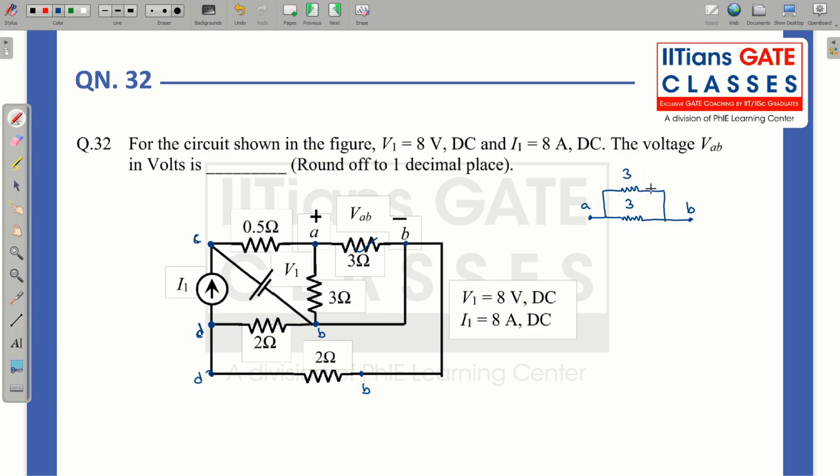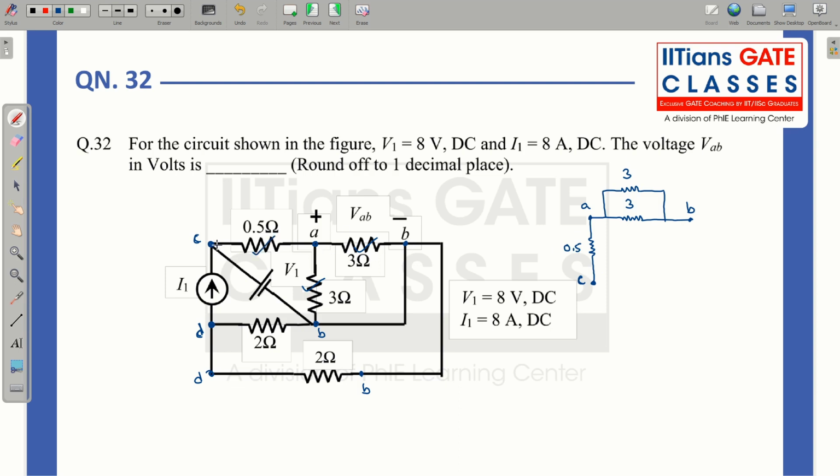So this is also 3 ohm. In between A and C, I have 0.5. So let this point be C. So you have 0.5 ohm over here.